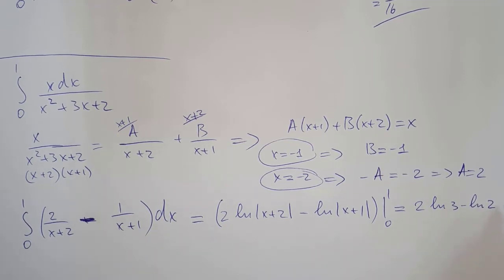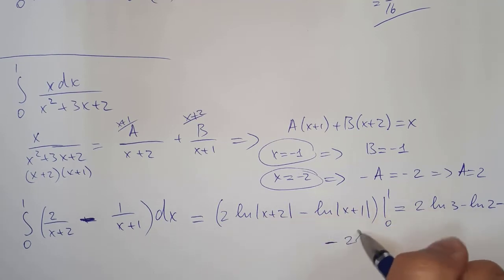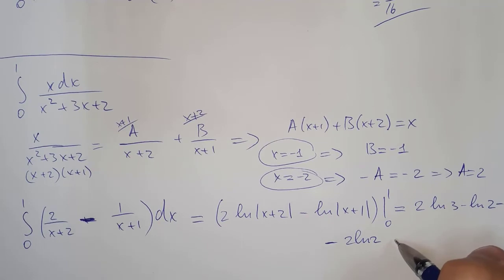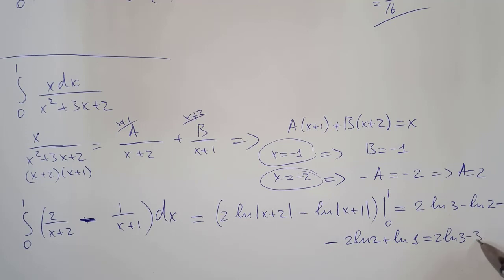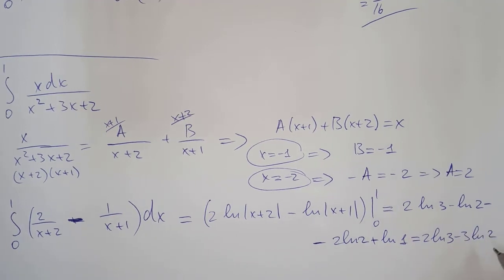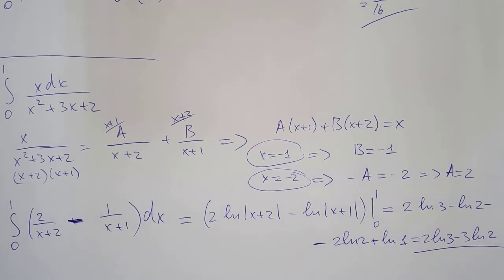And when we put 0, minus 2 natural logarithm of 2 plus natural logarithm of 1, which is 0 because the natural logarithm of 1 is 0. So we can add these, and we have 2 natural logarithm of 3 minus 3 natural logarithm of 2. This is the final answer.